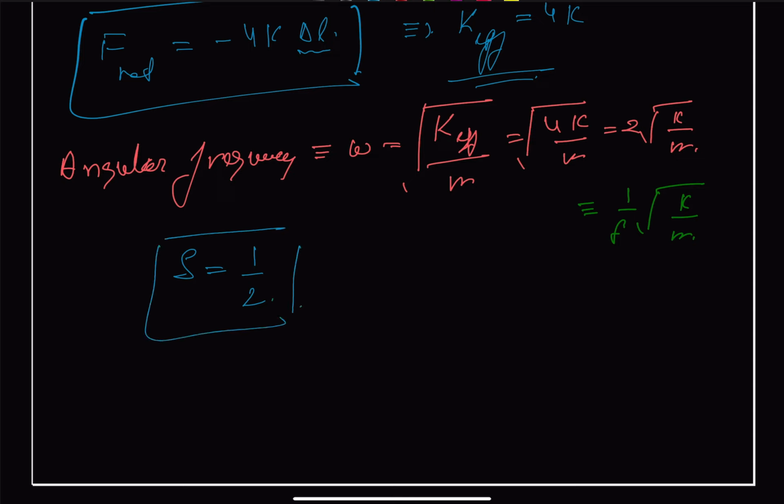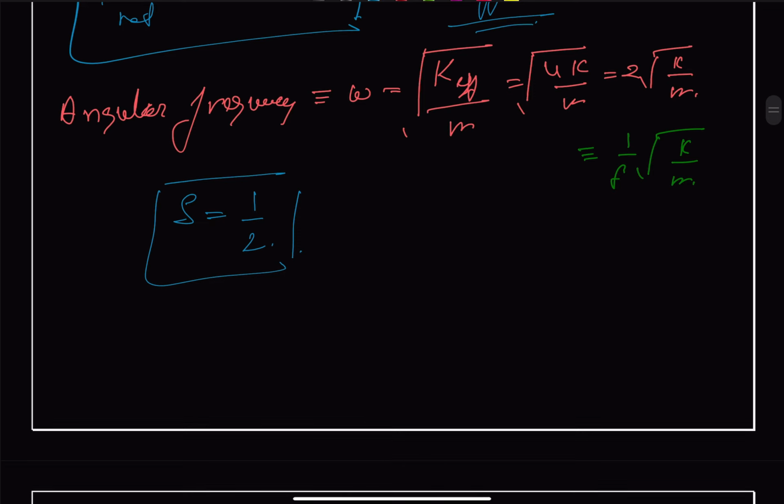Now this is if we are asked for the angular frequency. But if we ask for the linear frequency, that is f, we know that our K effective is 4 times K. So based on this, we can write our time period T will be equal to 2 pi times the square root of M upon K effective.